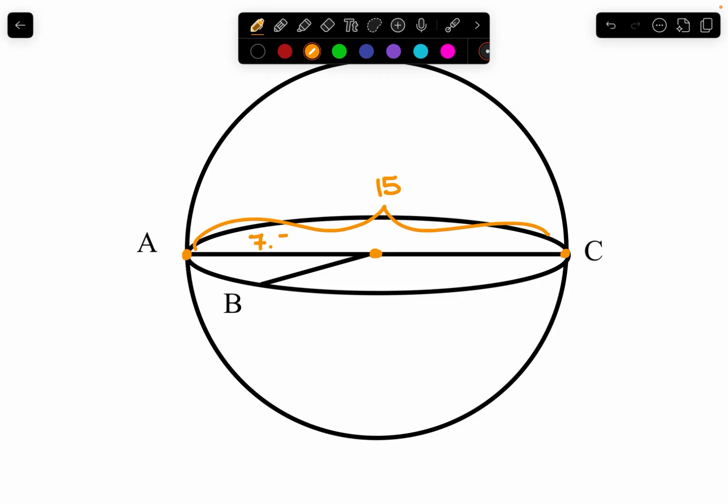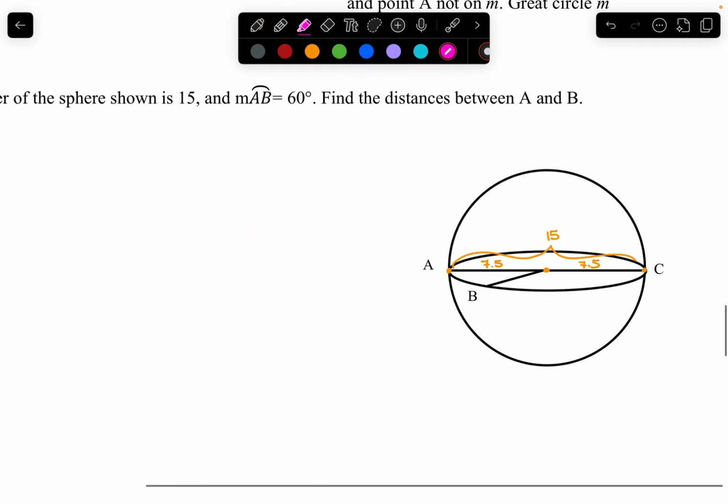So this is 7.5 and this is 7.5, okay? And then it gives me the measure of arc AB. This one right here is 60. And I know that it's the minor arc because it's only got 2 letters in the name. It's not arc ACB.